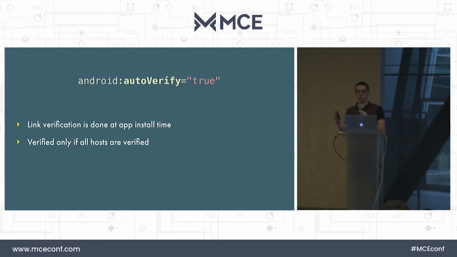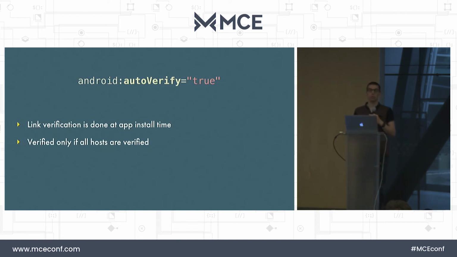So the link verification is done at app install, not at app startup or when the application gets started for the first time. And it consists of verifying that all of the hosts that you've defined in your Android manifest are actually belonging to you. So basically that your application and your websites are the same entities, okay?